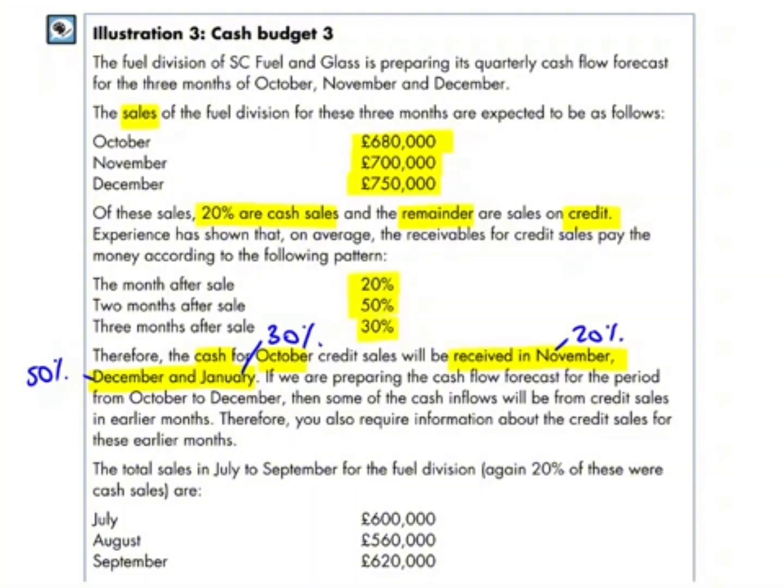But that isn't the whole story. If we are pulling together the cash flow forecast from October to December, then of course we'll be receiving money in from our customers from sales made in earlier months. So we're also going to have to get hold of the information about sales from those earlier months to put together an accurate cash flow forecast for October to December.